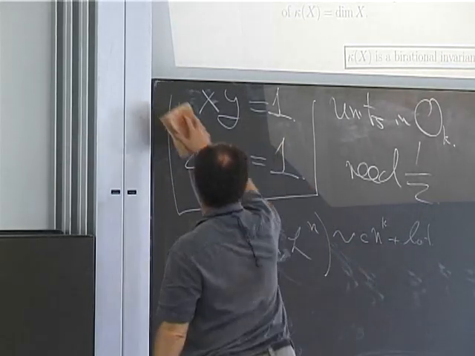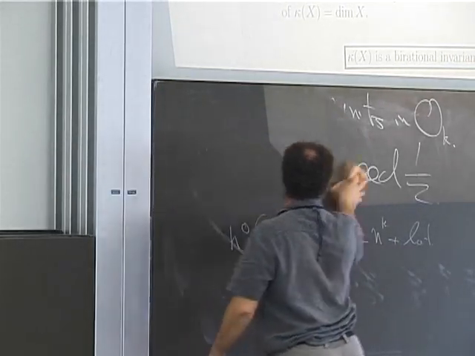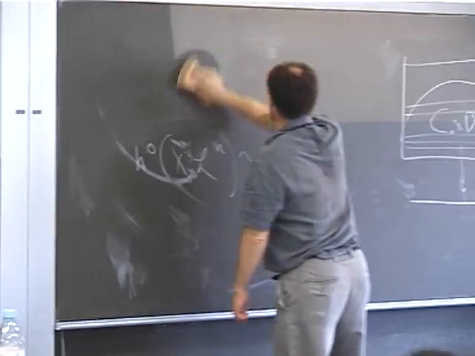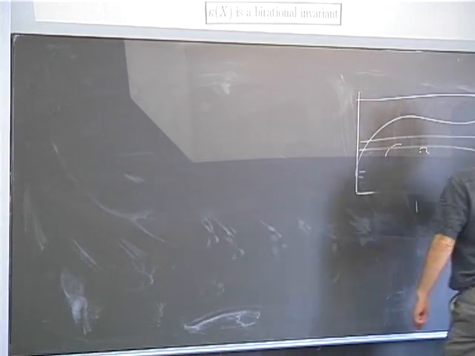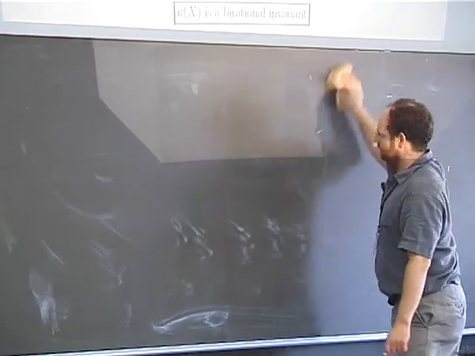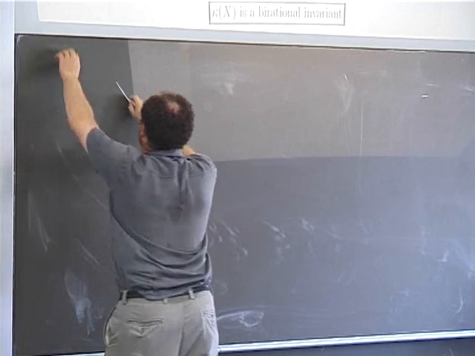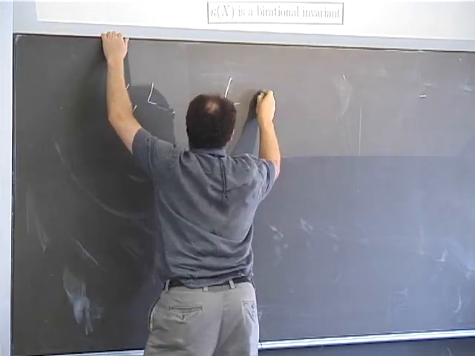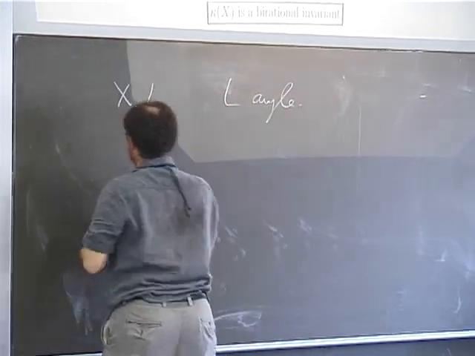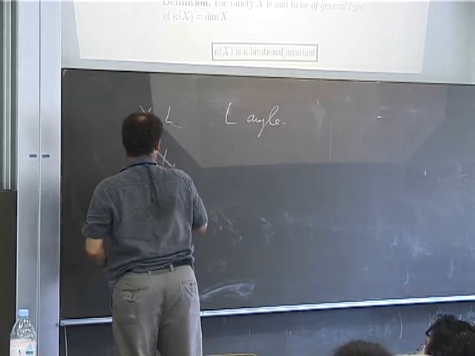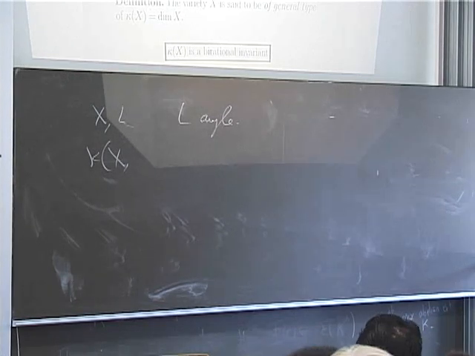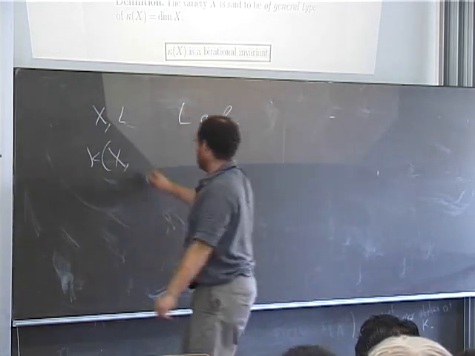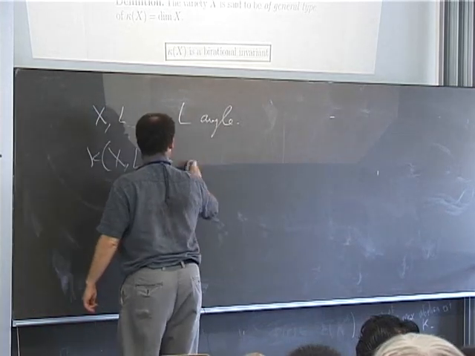If you take any variety and you take an ample bundle L, then for some power of L, it will have enough sections to map X isomorphically into projective space. So the Iitaka dimension in this case is just the dimension of X.